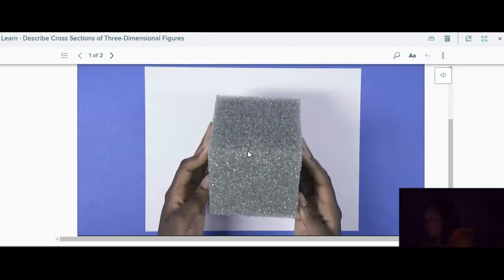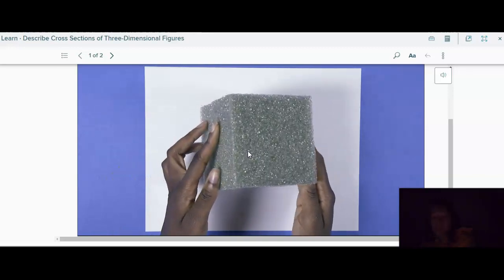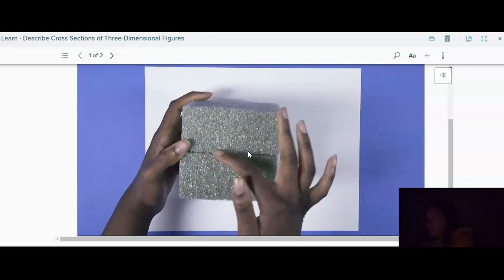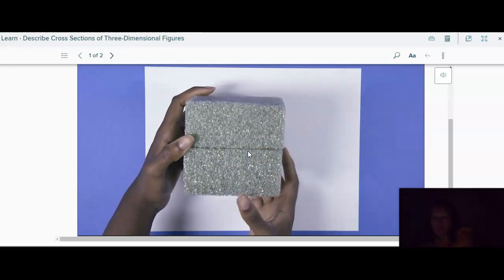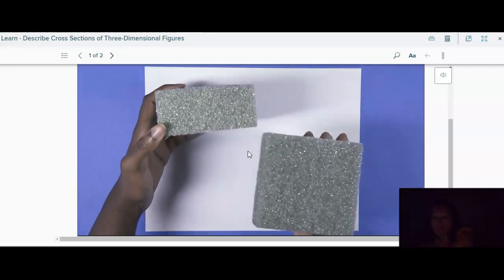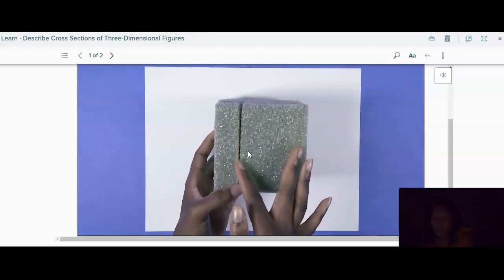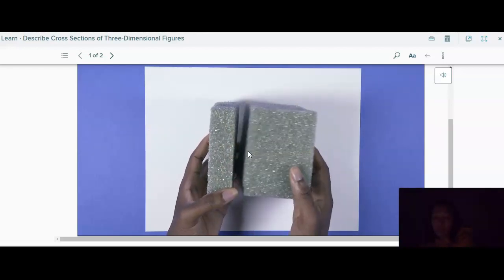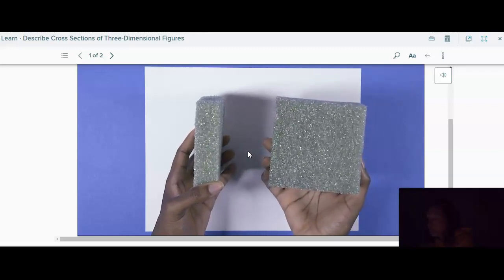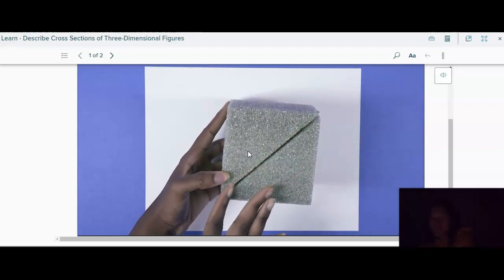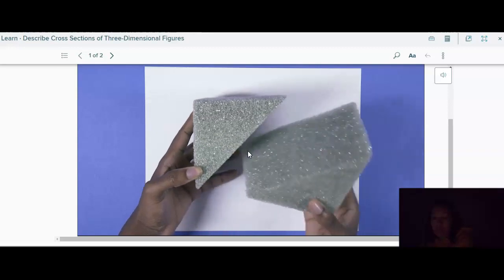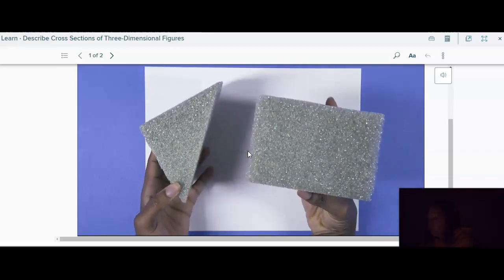Describe the two-dimensional shape resulting from a cross-section of a cube. Slice a cube horizontally. The result is a square. Slice a cube vertically. The result is a square. Slice a cube diagonally. The result is a rectangle.